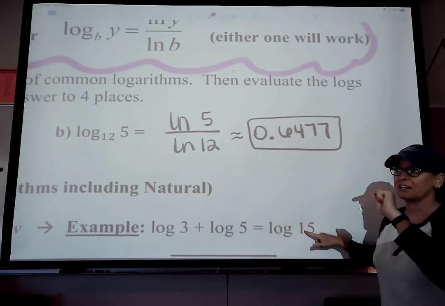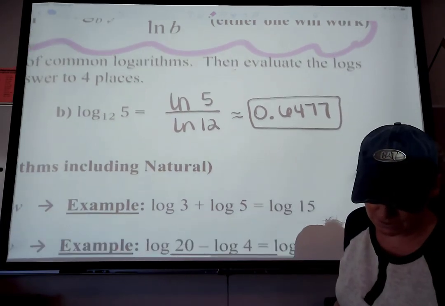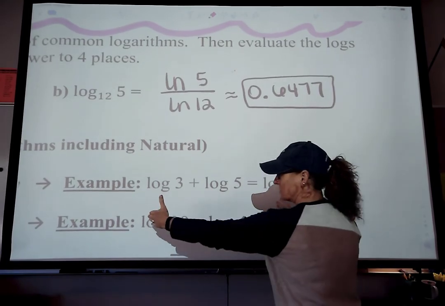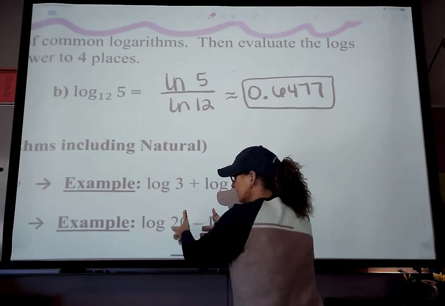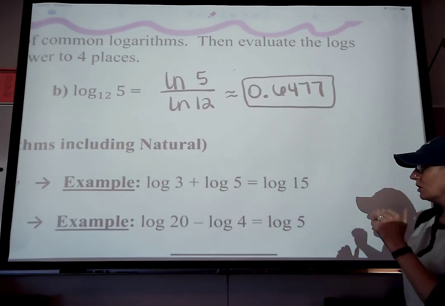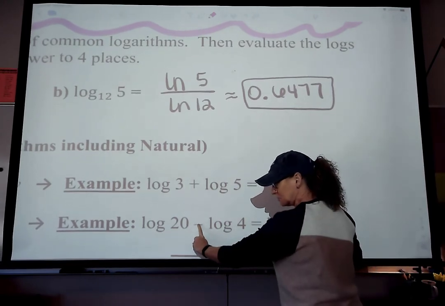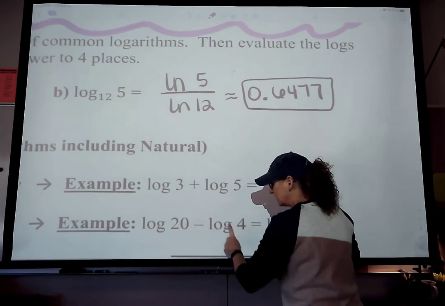It's the property that I just showed you, backwards. Subtraction. Notice I have 2 logarithms. Look how long the problem is. I can condense them into 1 single logarithm, but since this is subtraction, this becomes 1 logarithm of 20 divided by 4.